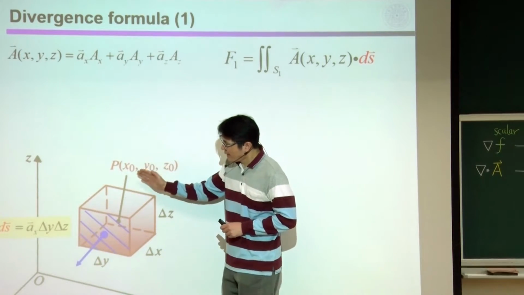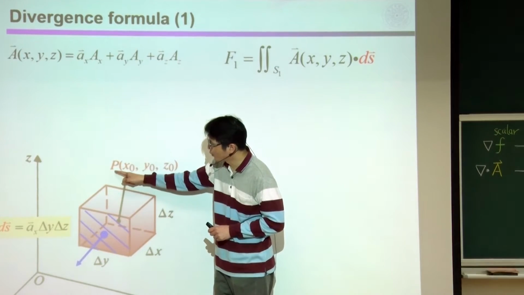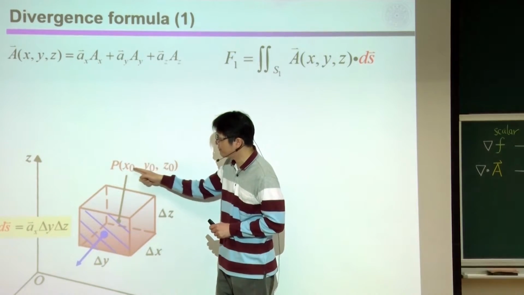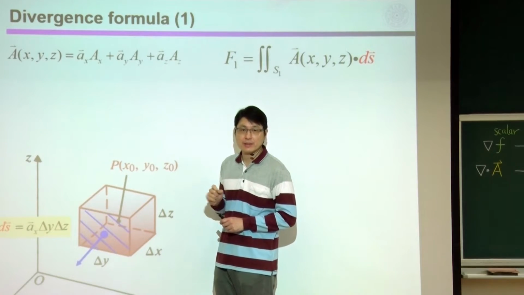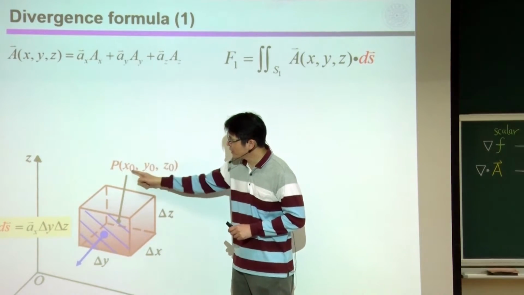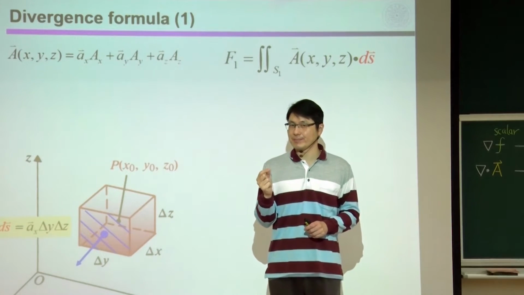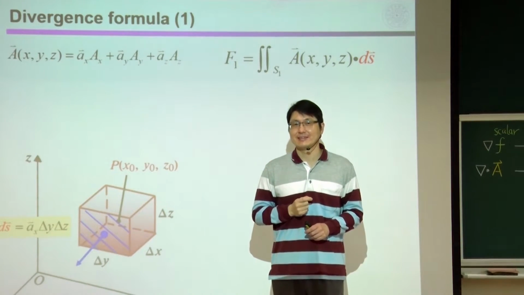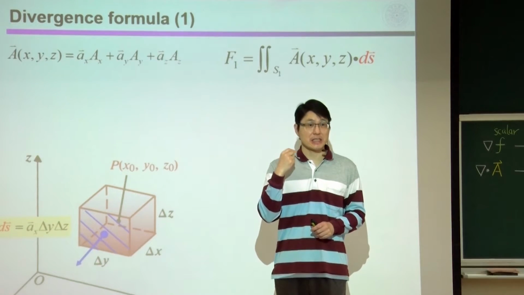Okay, so I now have a cube centered at point P. So P has its x, y, and z values: x0, y0, z0. So as you can see, I'm using x, y, z. So which orthogonal coordinate system am I working in? x, y, z means I'm working in Cartesian.